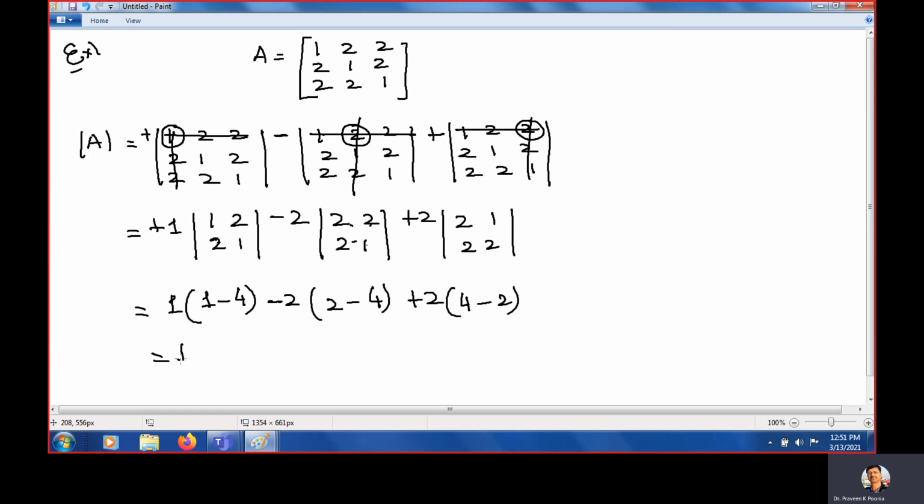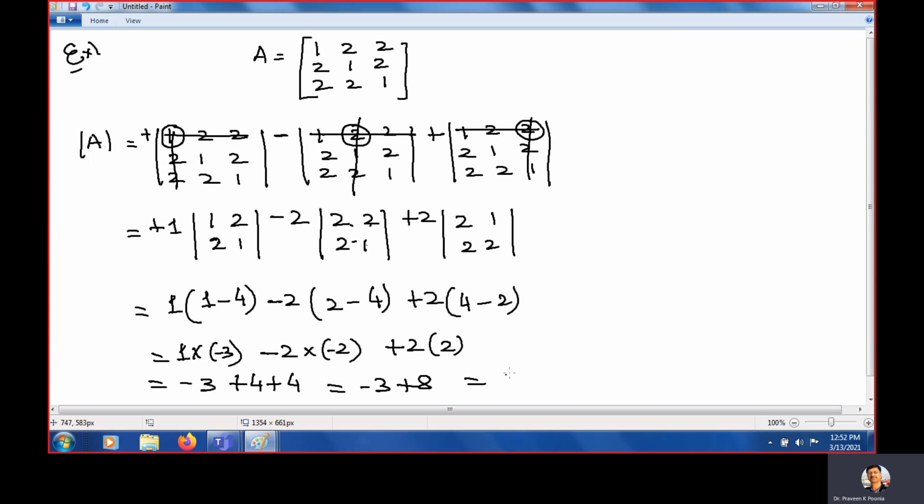So 1 into minus 3 minus 2 into minus 2 and plus 2 into 2. Now simplify: minus 3 minus minus plus, 2 into 2, 4. So minus 3 plus 8, and the answer is 5.